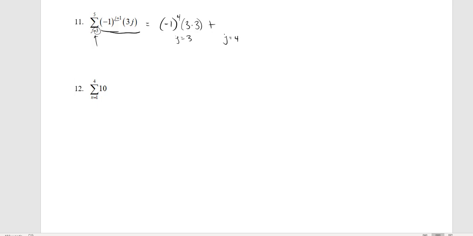J equals 4 goes into here to be added. 4 plus 1 makes negative 1 to the 5th, times 3 times 4, since j is 4. And I'll quickly write out the last one. What do we have here? So let's see, negative 1 to an even power is positive, 9.